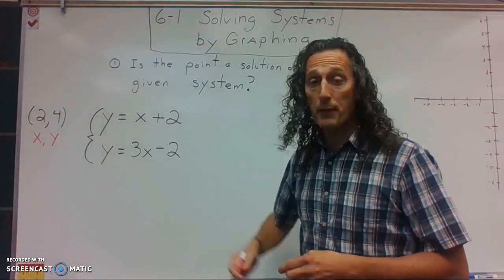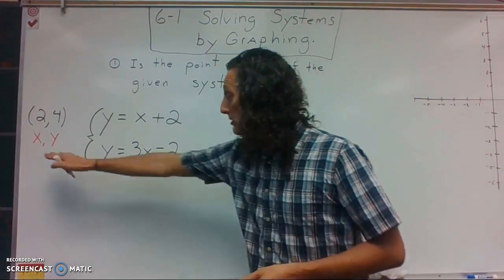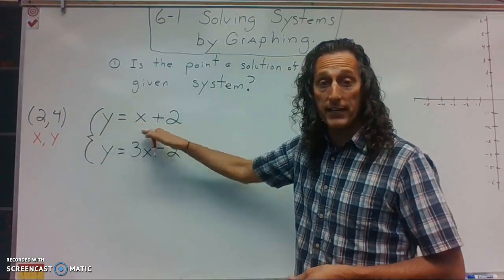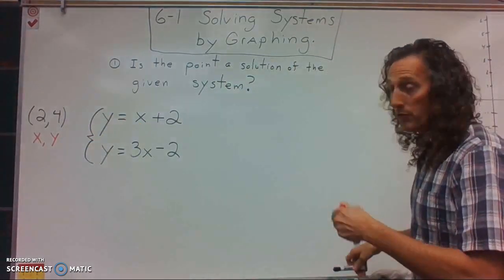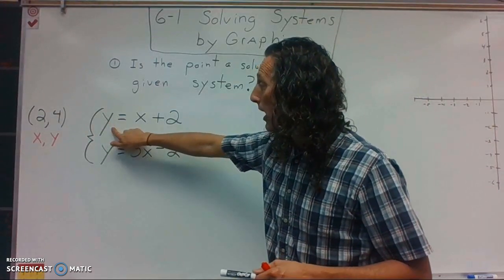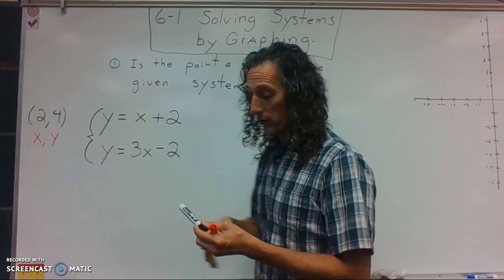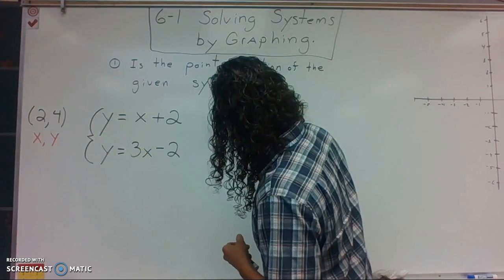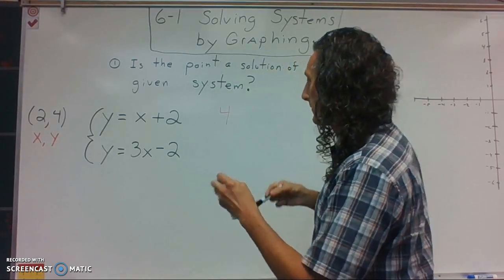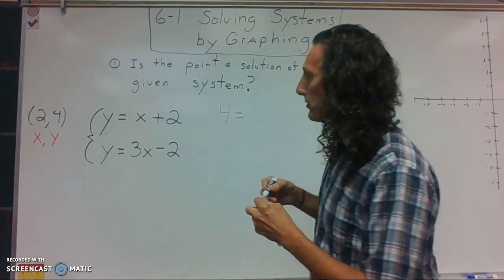The first step is we're just going to take these two values and plug them back into this equation. I'm going to rewrite this equation, but instead of y, I'm going to use my 4. So I have 4 equals, now what's my x?